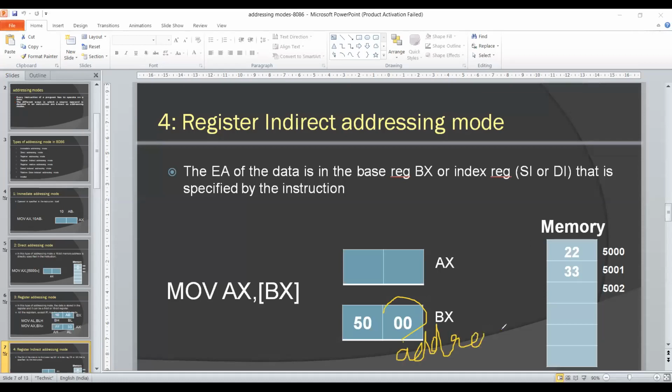Register indirect means the register will contain the effective address, not the data. That's why it is known as indirect addressing mode. The register contains the address of the data. So this complete 5000H is the address of the data, and at this address 5000H, the data is 22. Now is it clear?